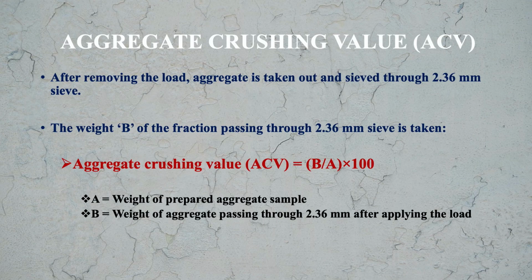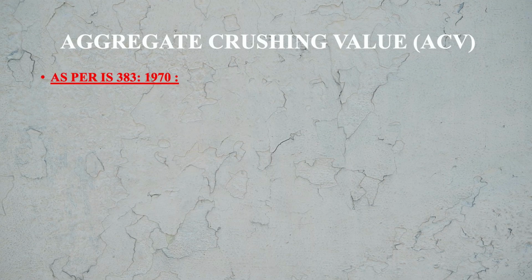B here is the weight of aggregate passing through the 2.36 mm sieve after applying the load, and A is the total weight of the prepared aggregate sample. So from this calculation you get the aggregate crushing value for the aggregate sample that we have taken for the test.